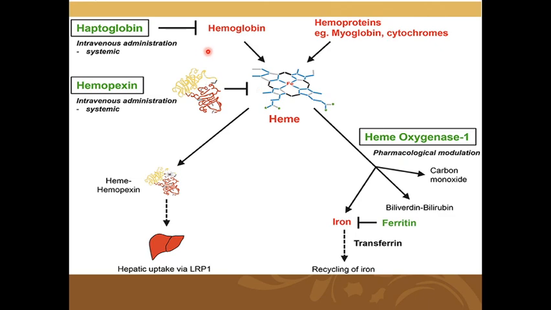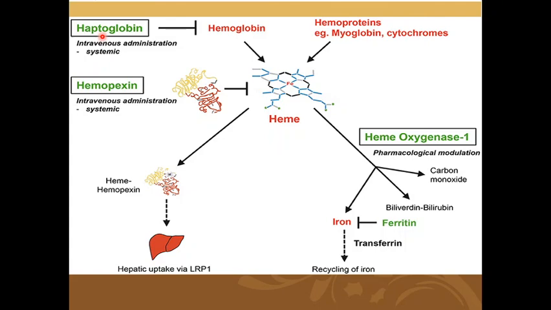What is the function of haptoglobin? When hemoglobin decomposes, or the myoglobin and cytochrome, the other heme proteins, they release iron. I'm talking about the normal pathway.